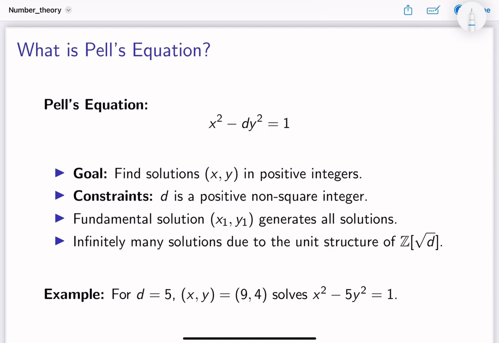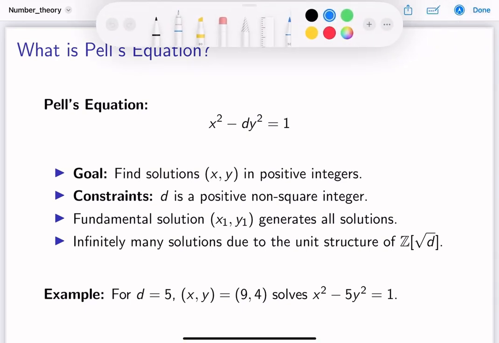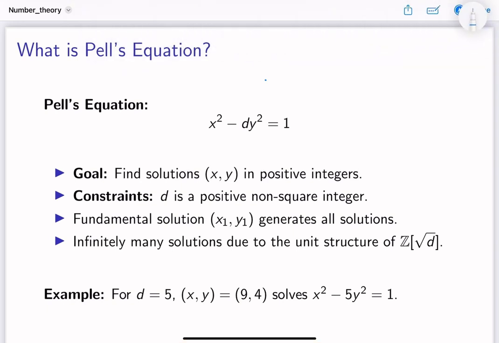So historically, number theorists used to play with numbers, and one observed that if we look at the rational number 17 over 12, this turned out to be a good approximation of the square root of 2.